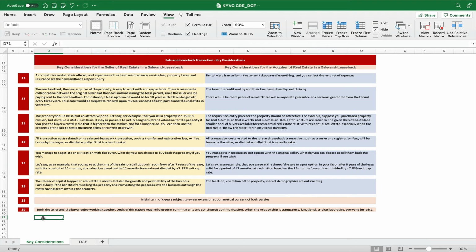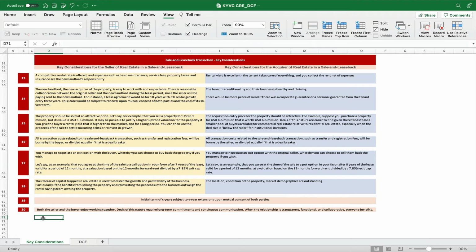So let's say that the market yield is on average 8% of the property value. If you pay 9% of what the property value is, but can get a higher amount up front, and let's say the reason you want that higher amount up front is so that you can settle maturing debts that, if you don't settle, could have an impact on your business operations, that could be something that could be discussed and negotiated.